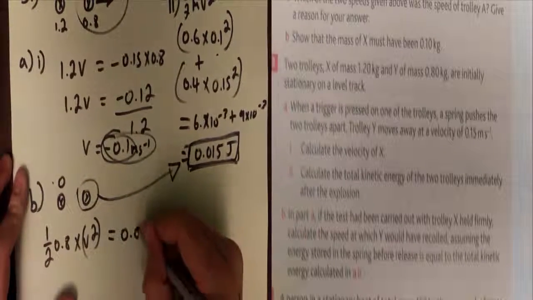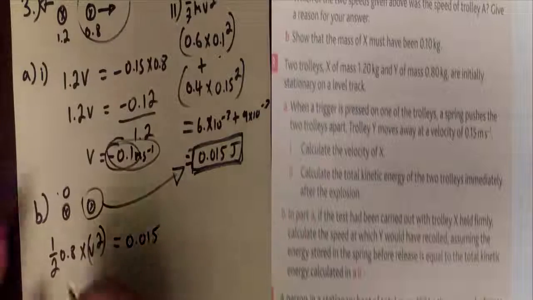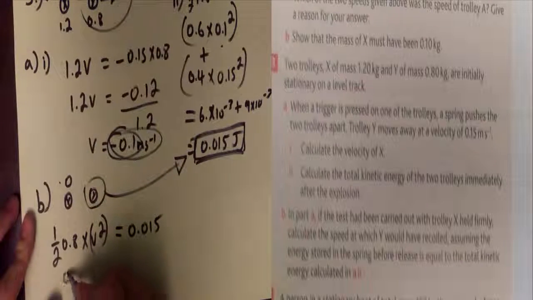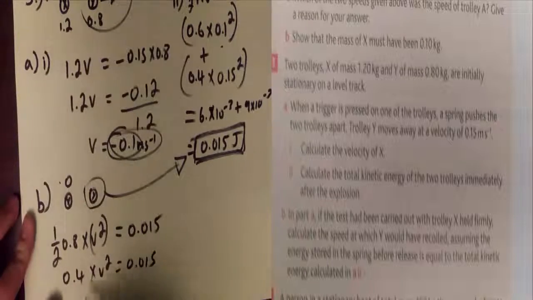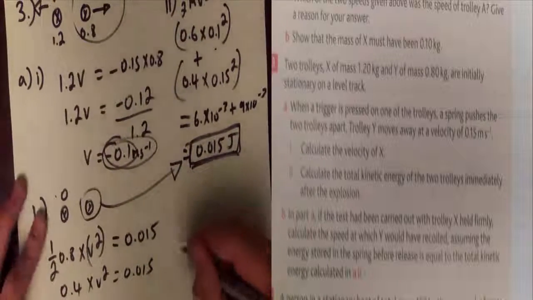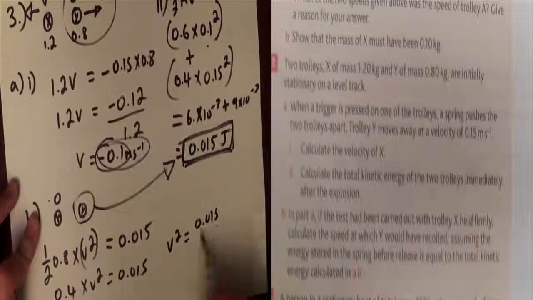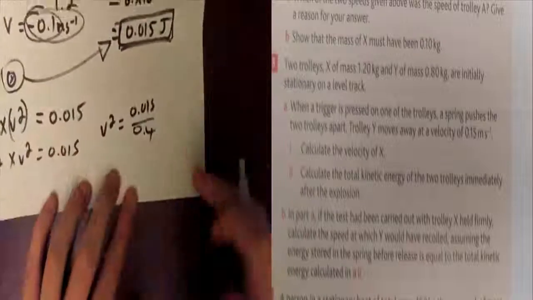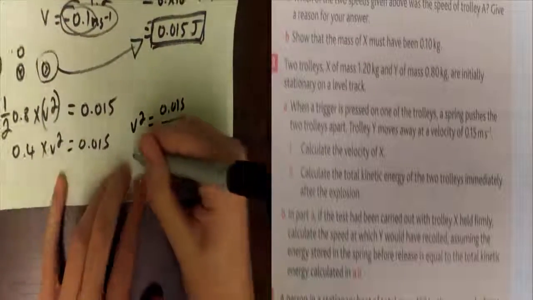So this will be equal to 0.015. Now, to simplify, we can get rid of the half, 0.4 times V squared, and then divide. So we get V squared is equal to 0.015 divided by 0.4, and this will allow us to find V.